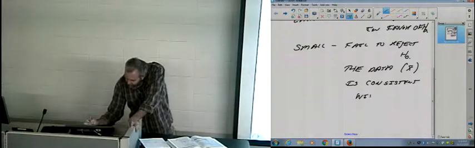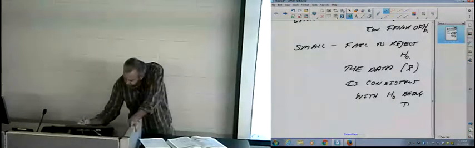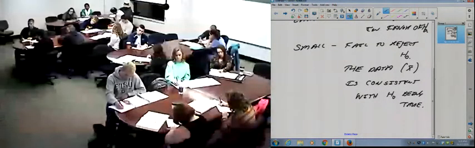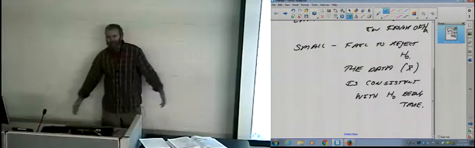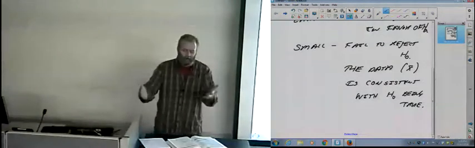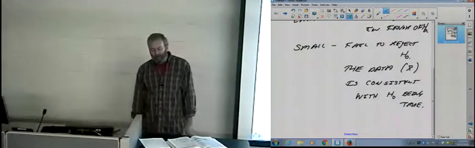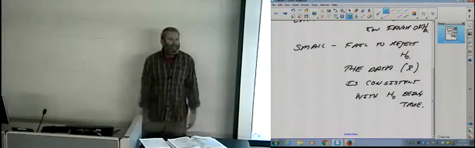I'm not telling you H0's true. I'm telling you the data is consistent with it. When you assumed H0 to be true, the data gave you an X bar that wasn't very far away. Again, you're not proving the null hypothesis is true. It's just that you can't say anything.